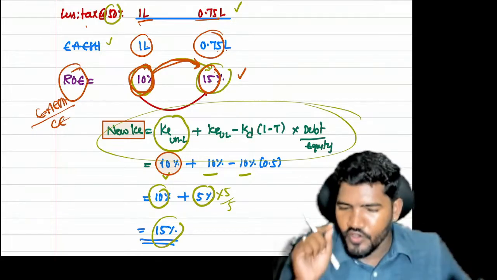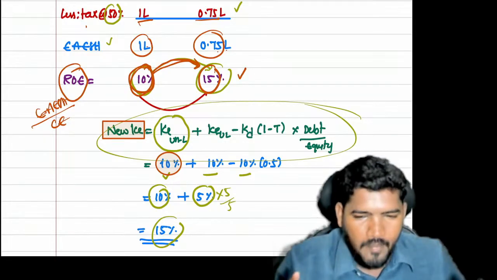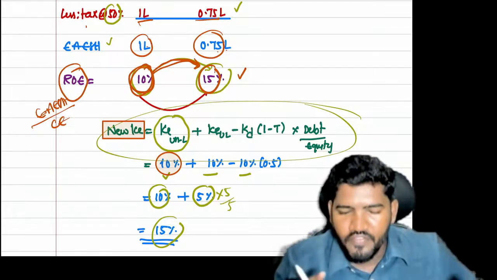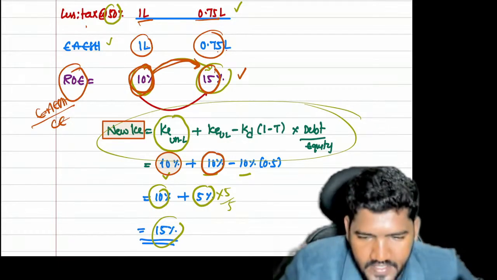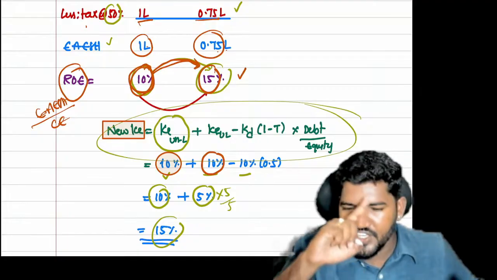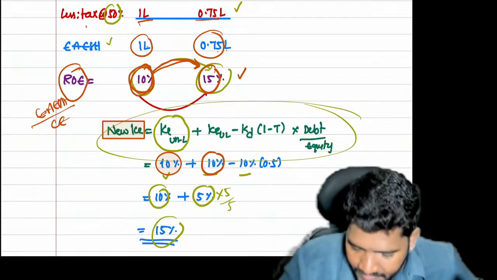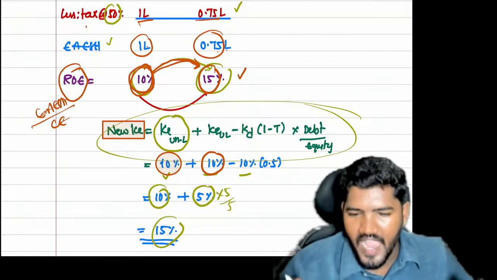If I invest the same 1 rupee in a levered firm, that levered firm also has two capitals. That 1 rupee I am investing in equity plus debt. If I invest in equity, I will receive 10%. The same amount I am investing in debt, I will receive another 10%. And that other 10% I can't enjoy fully. On that 10% I have to pay tax.